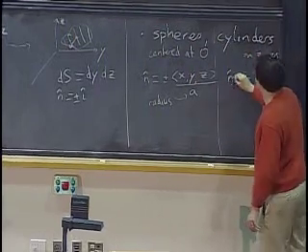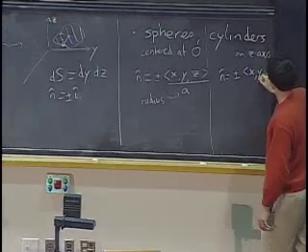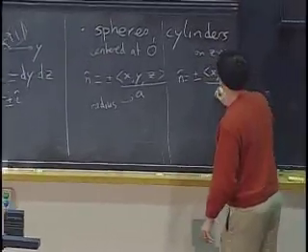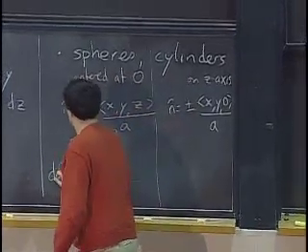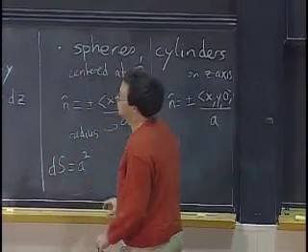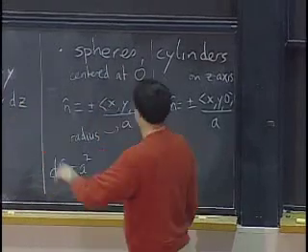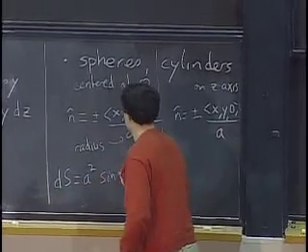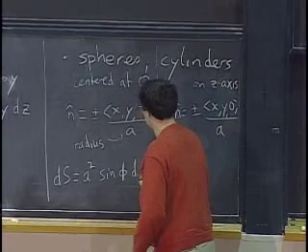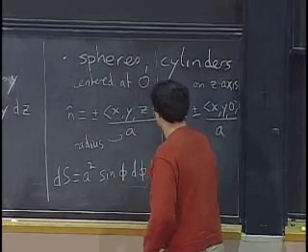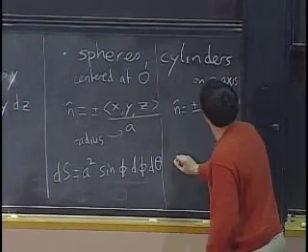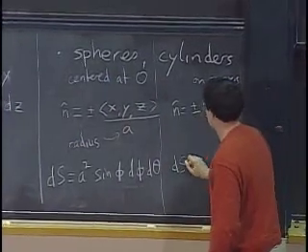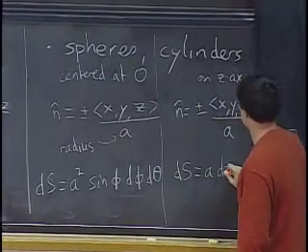For a cylinder, it's x, y, 0 divided by the radius of the cylinder. And the surface element on a sphere is very closely related to the volume element of spherical coordinates, except you don't have a rho anymore. You just plug in rho equals a. So you get a squared sine phi d theta. And for a cylinder, it would be a dz d theta.